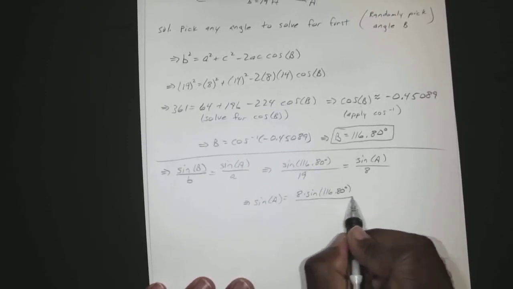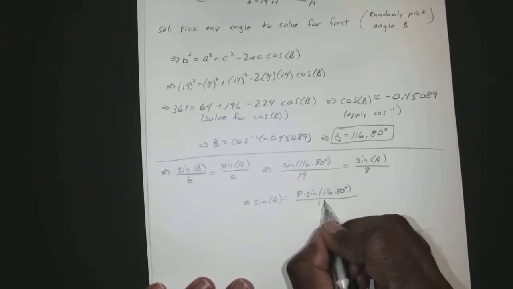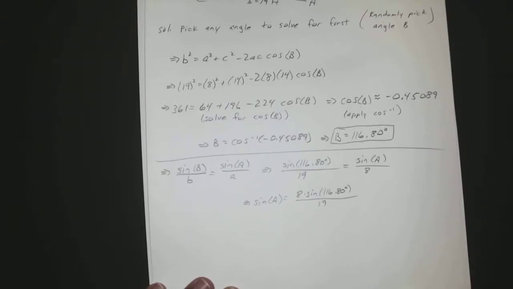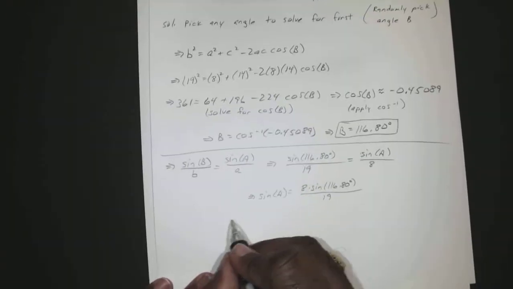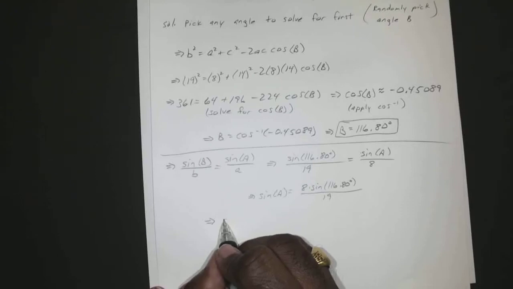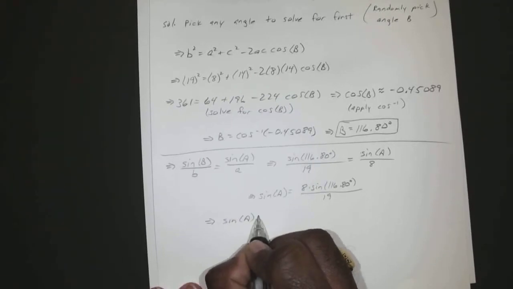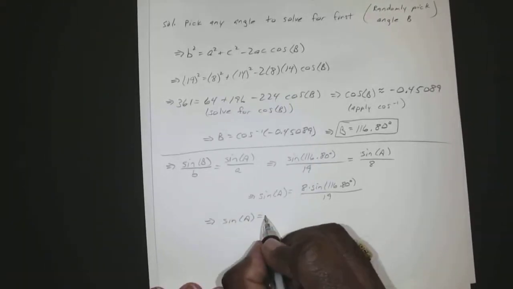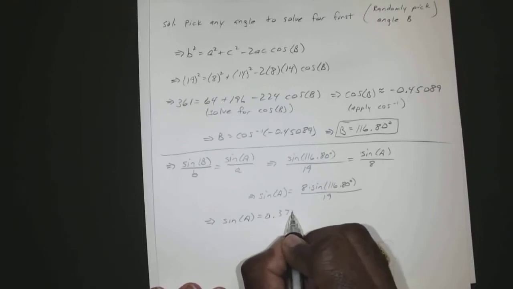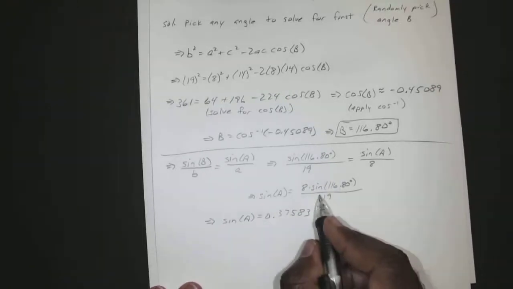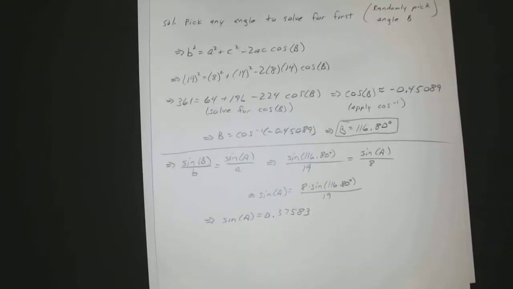degrees divided by 19. Okay, so sine of A is actually equal to 0.37583 once you plug all that into your calculator.